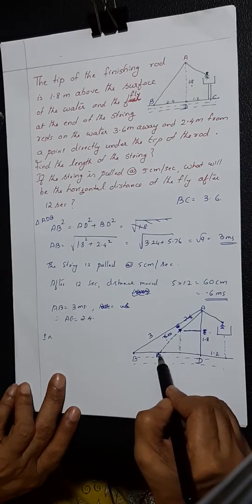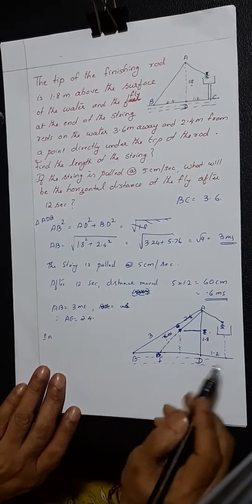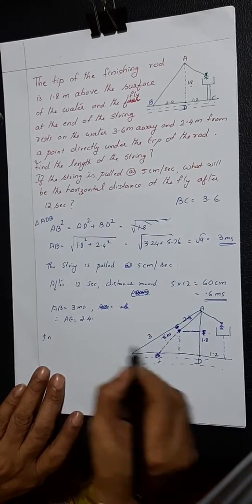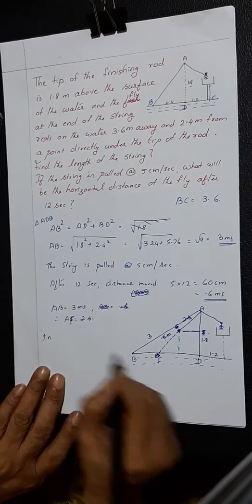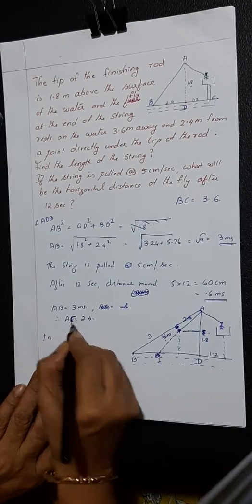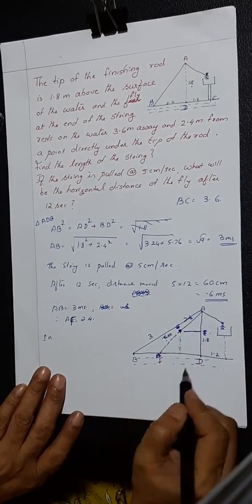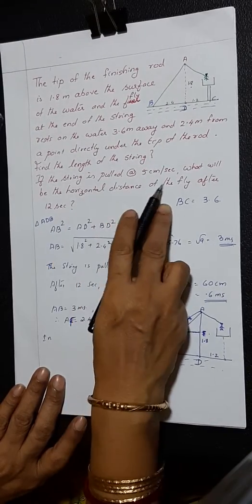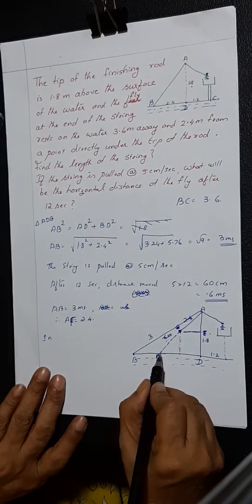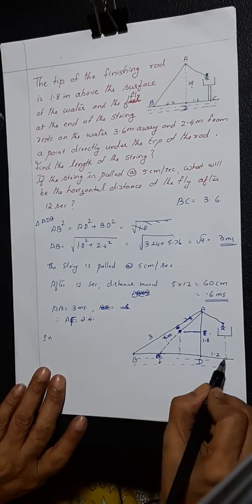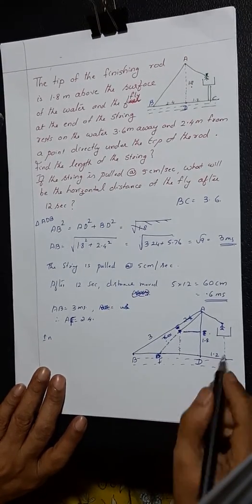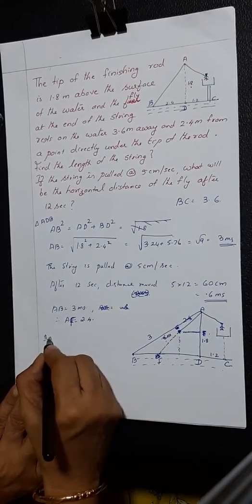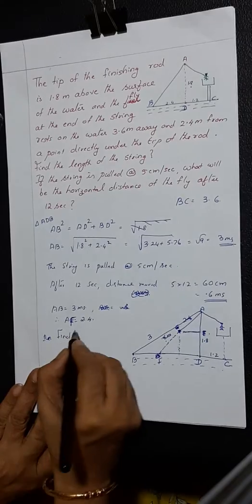So AF is equal to 2.4. It is not AE, it is AF. This point I have marked as F. Now they are asking to find the horizontal distance of the fly. The fly is at this point, so this is C, and we have to find CF.